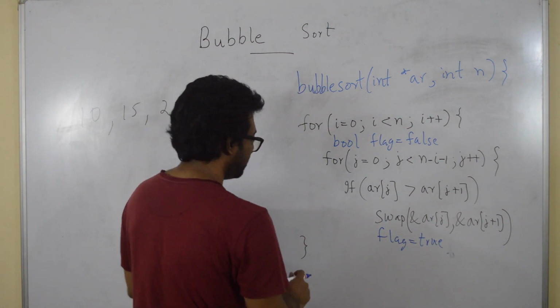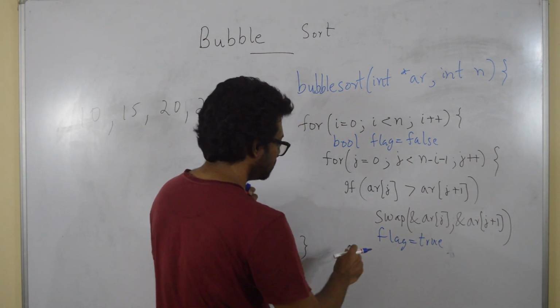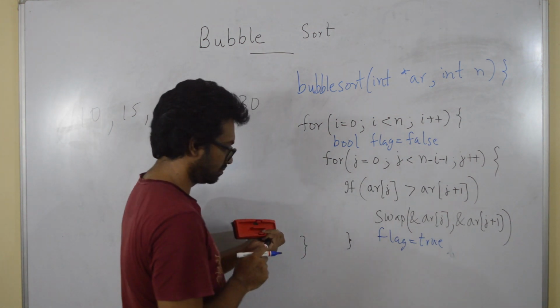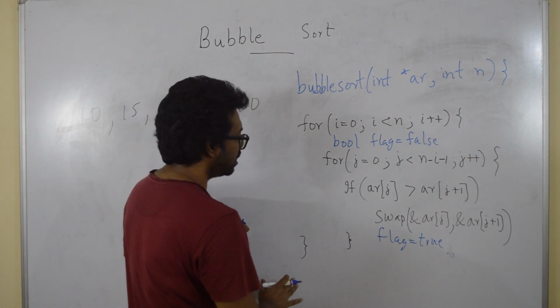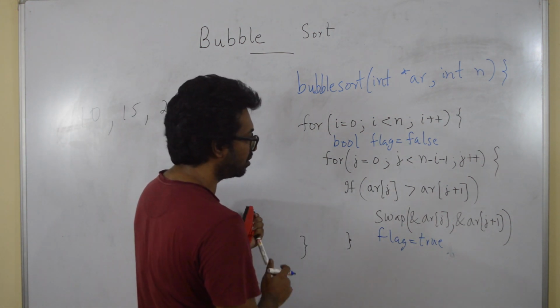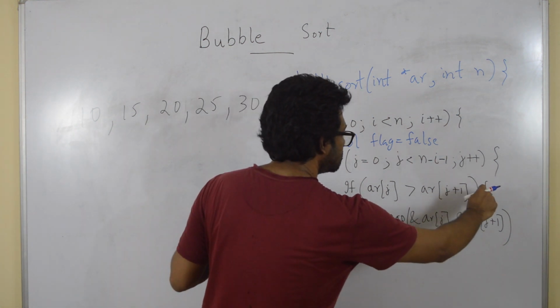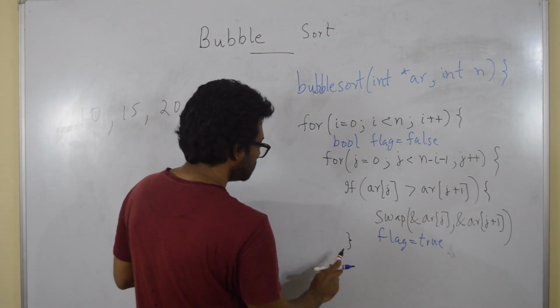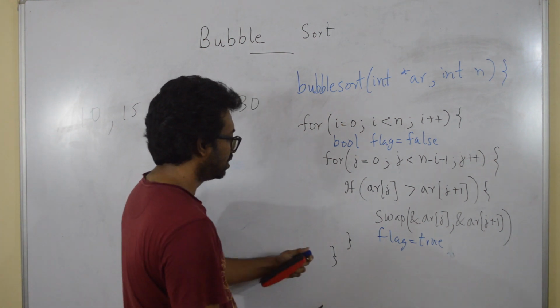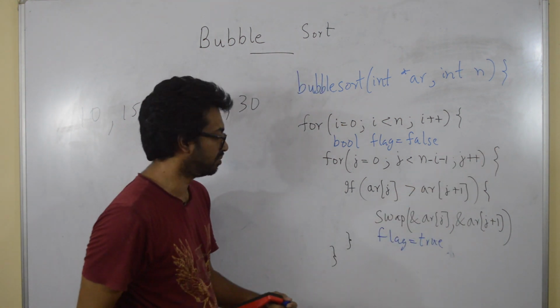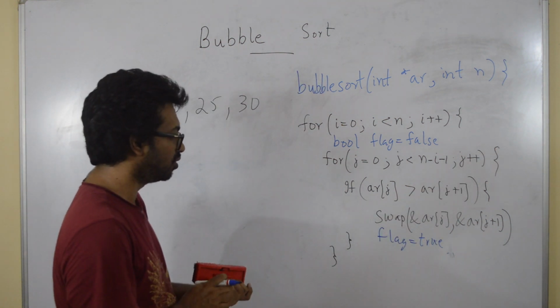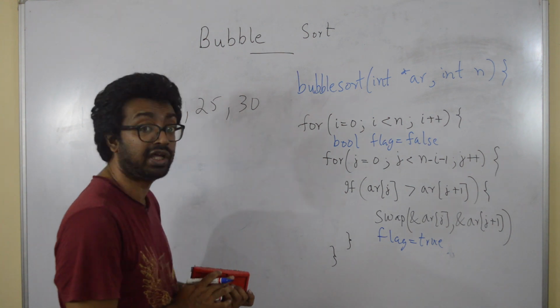So if a swap happens, the flag is set to true. Then I come out of the inner for loop and I check whether the flag is true.